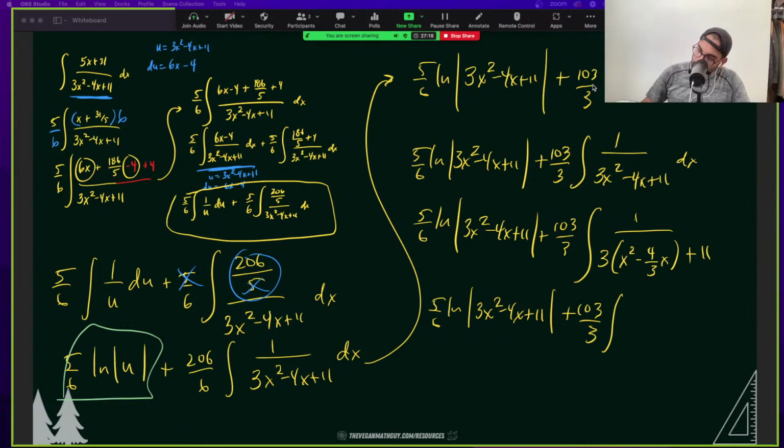We're going to have 1 over 3 and then inside there, don't forget, because we're going to complete the square, we have to introduce a new value. So we divide the 4/3 by 2 and then square it, which becomes 4/6 squared, which is 16 over 36, which can simplify. I think we can divide both by 4, so it becomes 4 over 9. So we're going to introduce a 4 over 9.